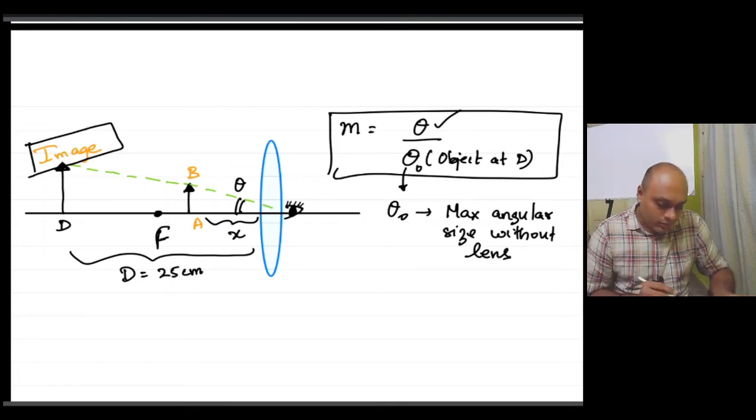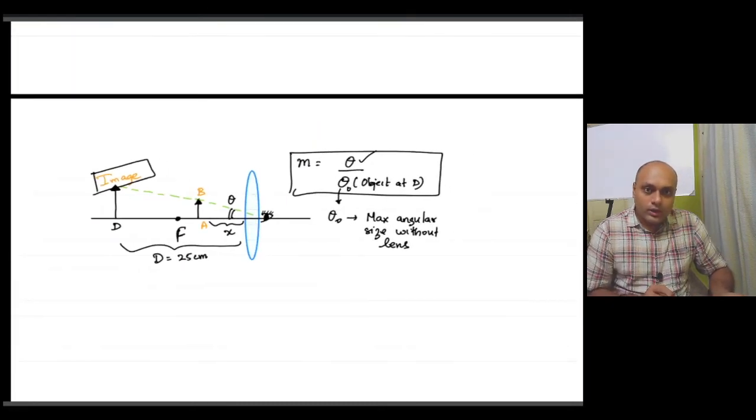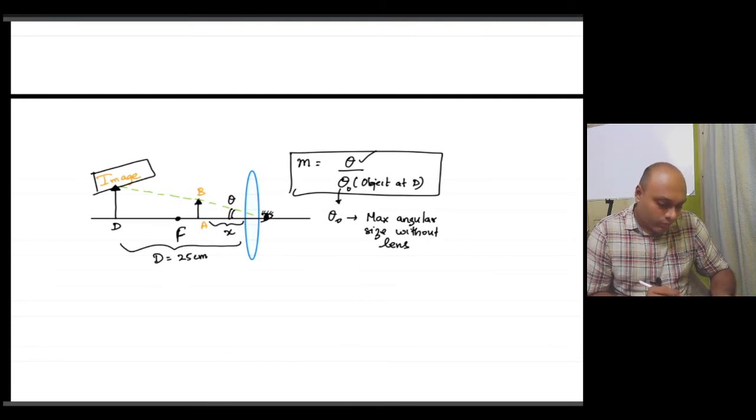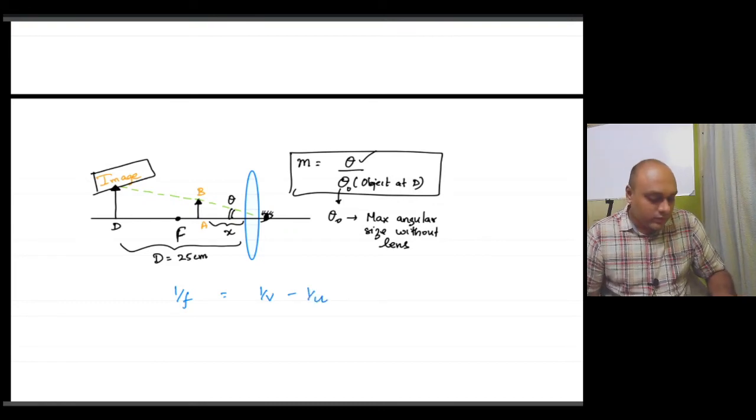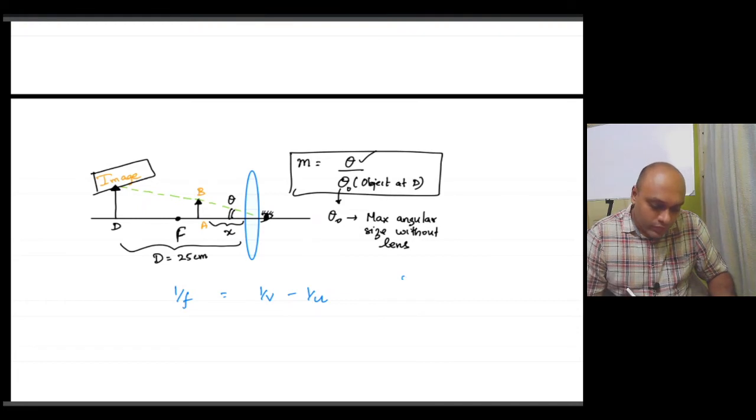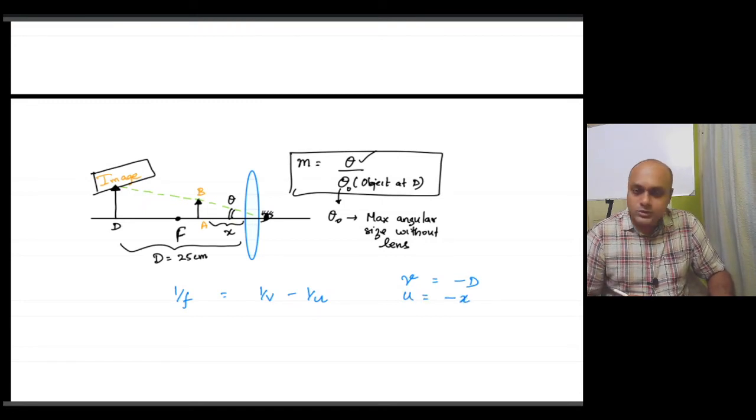Now what is our lens formula? Our lens formula is 1 by f equal to 1 by v minus 1 by u. But make sure to apply the sign convention very carefully. v will be equal to minus d, u will be equal to minus x, where x and d are positive entities. Now we will substitute it in the lens formula.